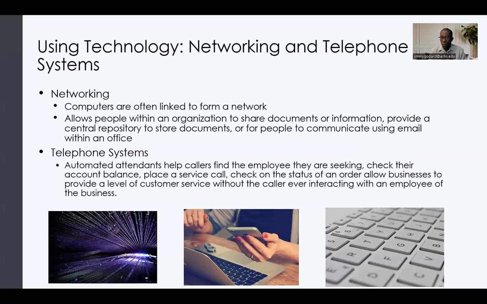We have networking systems, the ability for my computers in my house, from the bedroom to the living room to the kitchen and to my office to the dining room, to connect with each other using one central location to share information, to have access to the internet. It's what we call networking.